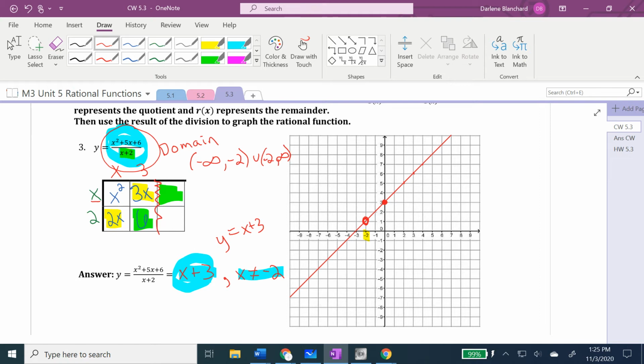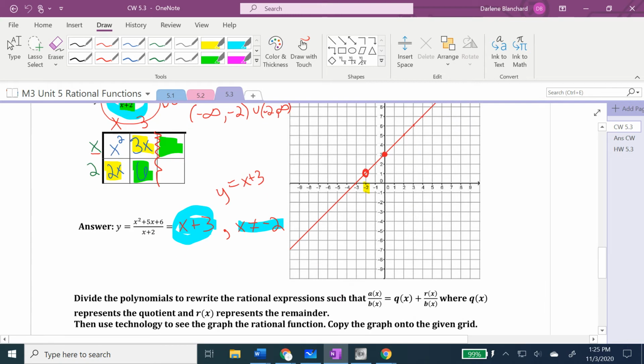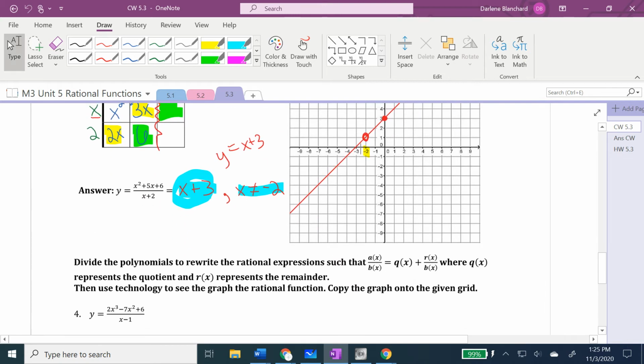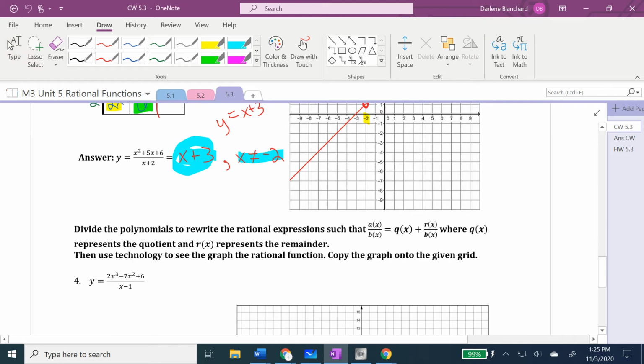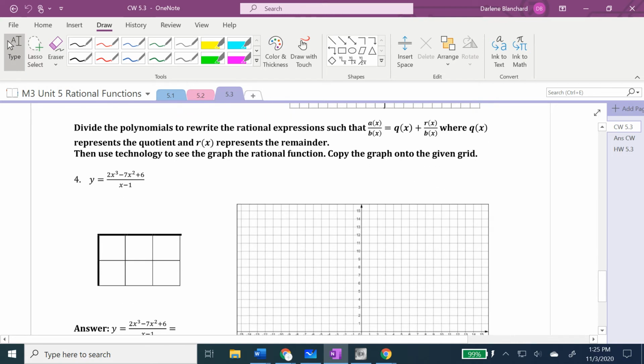There's a wide variety of graphs I can get with rational functions. Only some of them I'm going to ask you to graph on your own. And so far, the only ones I'm having you graph on your own involve the parent graph 1 over x.